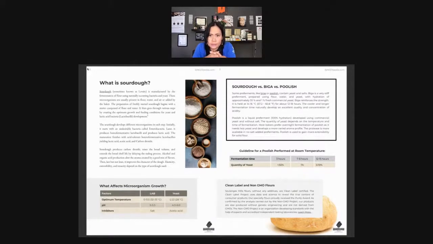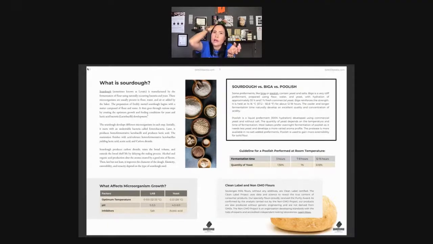Polish has yeast, biga has yeast, sourdough pre-ferment does not have yeast. Okay, so let's make that clear. If you're going to put yeast in your sourdough, then it's going to hasten its final proof.